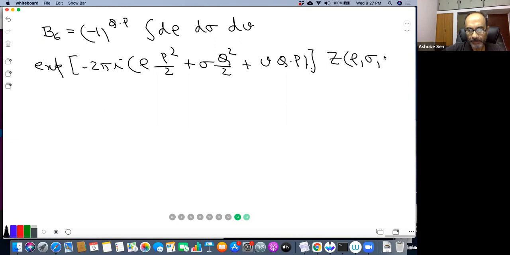This is the one for phi 10. Now, one question that one can ask is what is the integration contour? Rho, sigma and v you can think of as complex variables.